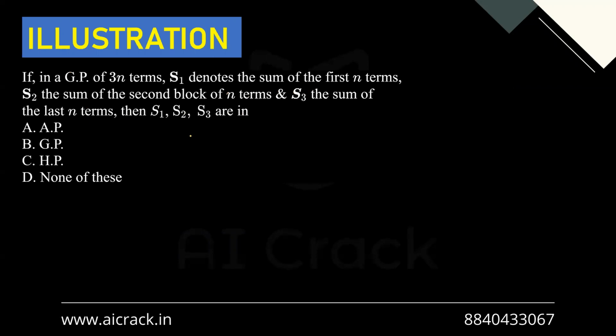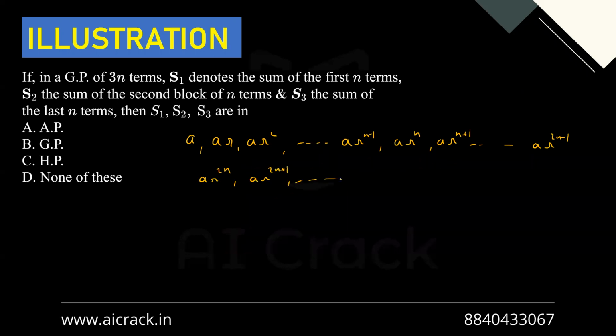So we have the GP, let's say A, AR, AR square, and the nth term would be AR^(n-1), n plus 1th term would be AR^n, then 2nth term would be AR^(2n-1), and similarly 2n plus 1th term would be AR^(2n), till 3nth term would be AR^(3n-1).